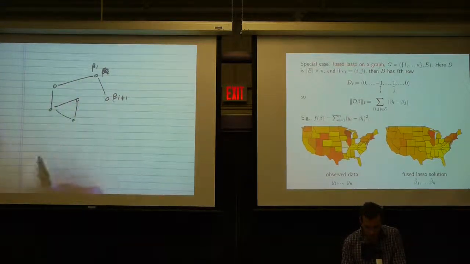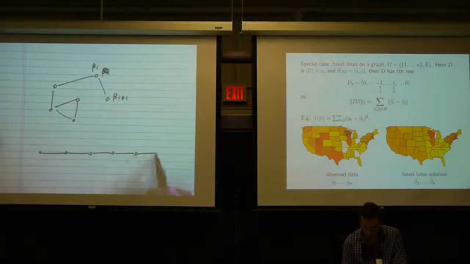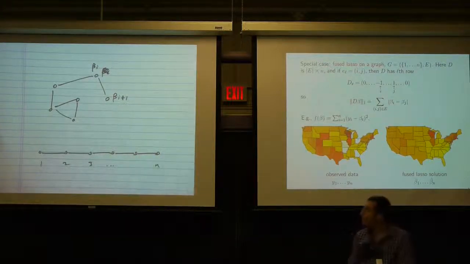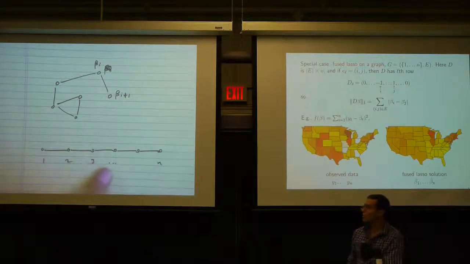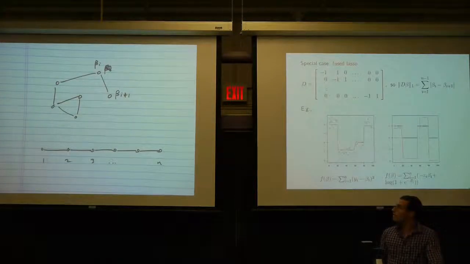So what's the special case of this? If we just had the chain graph, a graph for which I observe nodes 1 through n, and I join nodes 1 to 2, 2 to 3, 3 to 4, etc. That would be this previous situation that we had here, right?